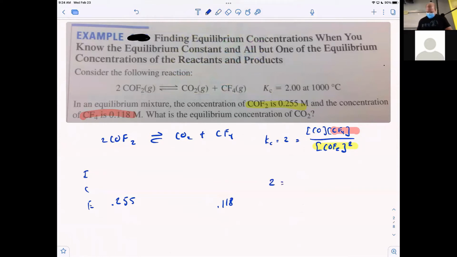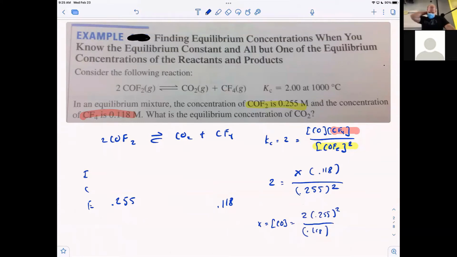So 2 equals our x value times CF4, 0.118, all over 0.255 squared. So of course, our x value, I like using x, I guess that's just from math, equals 2 times 0.255 squared, over 0.118.